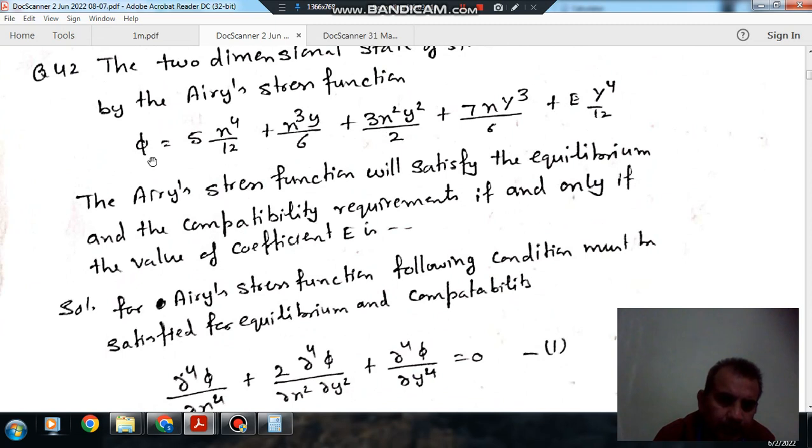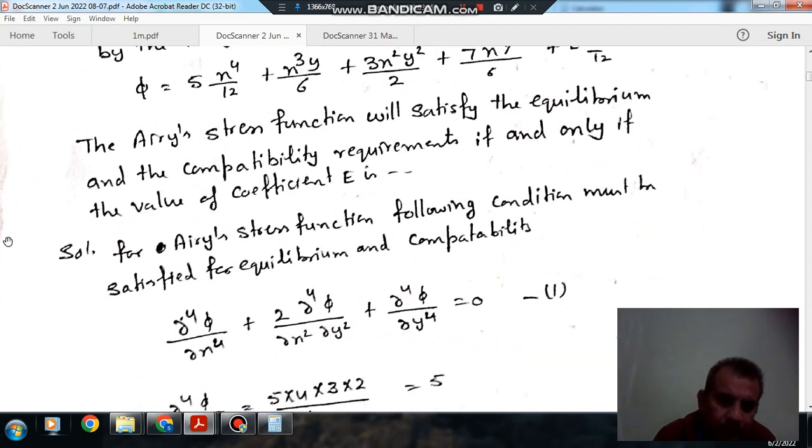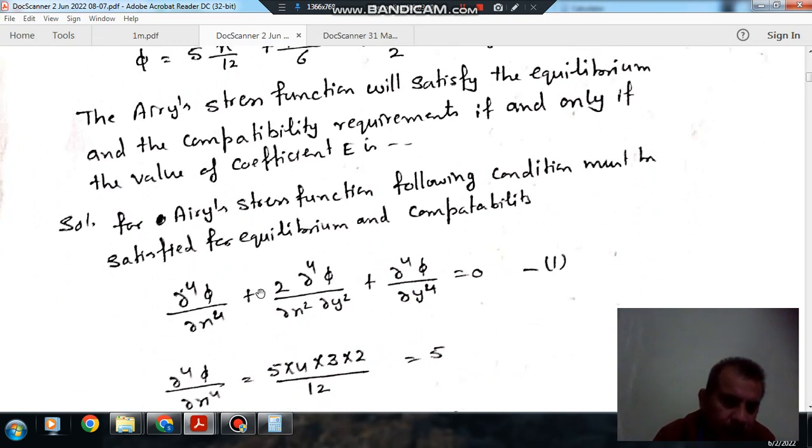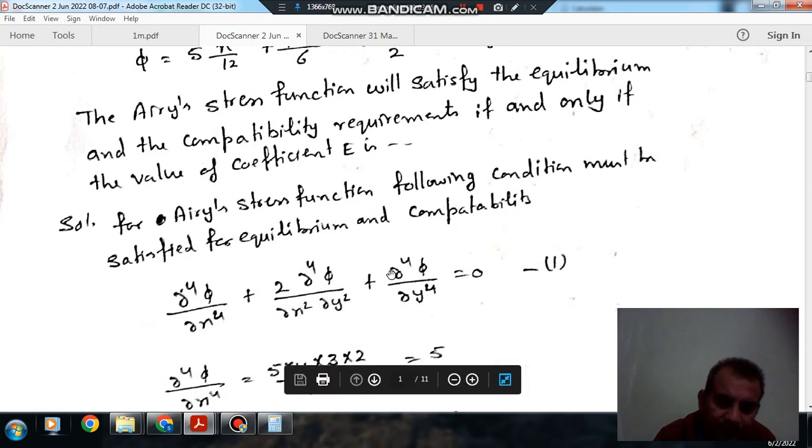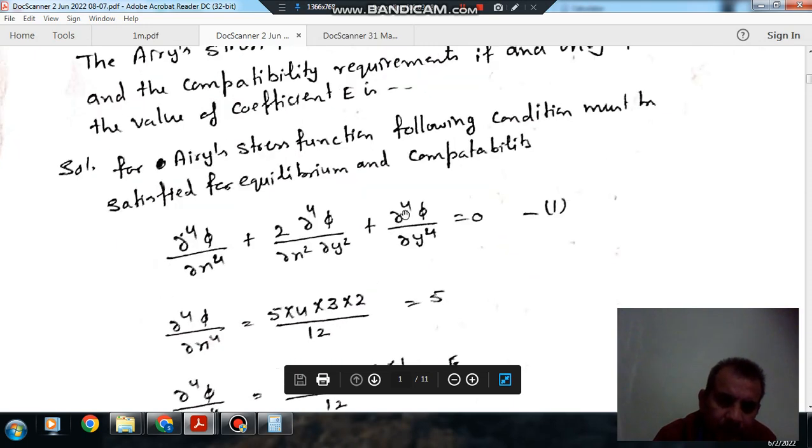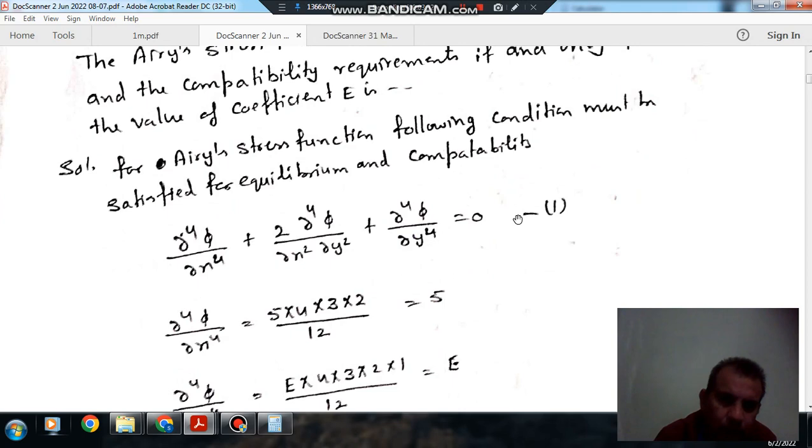So here that is the Airy's stress function, and for satisfying the compatibility and equilibrium equation, this condition should be satisfied: ∂^4 phi by ∂x^4 plus 2 ∂^4 phi by ∂x square ∂y square plus ∂^4 phi by ∂y^4 should be equal to 0.